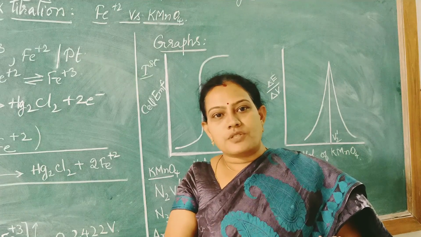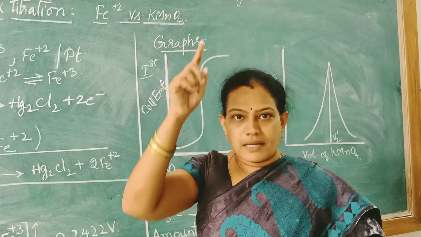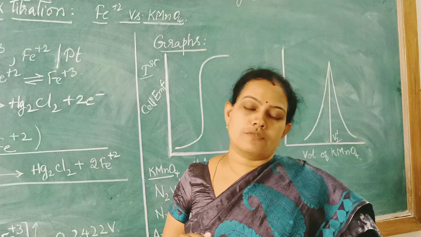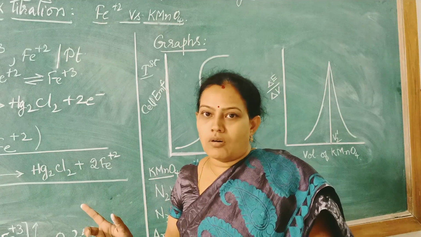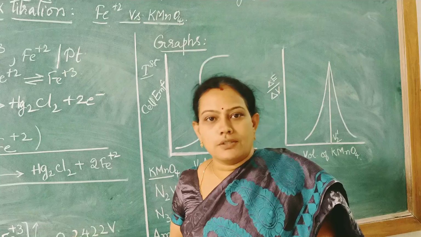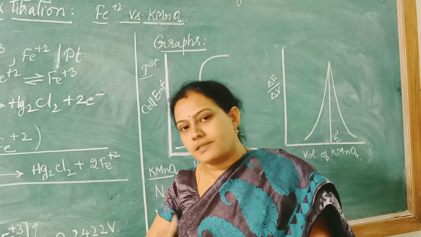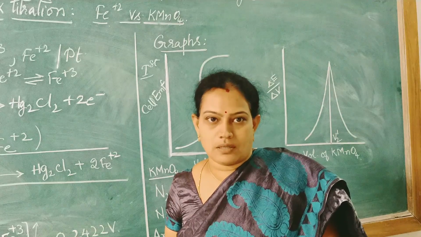We observe the changes in the potential difference by adding 1 ml lots of KMnO4 solution from the burette. For every 1 ml of KMnO4 added, we observe the change in the EMF, and that is recorded in a similar way to the previous record.